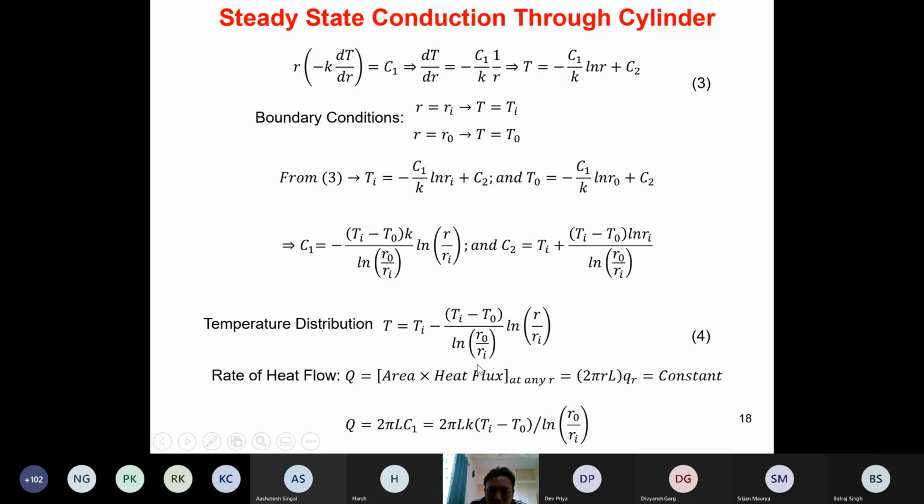So we can put the C1 here, and by putting it, what we are going to get is 2 pi L K (Ti minus T0) divided by ln R0 by Ri. So that is what we are going to get.